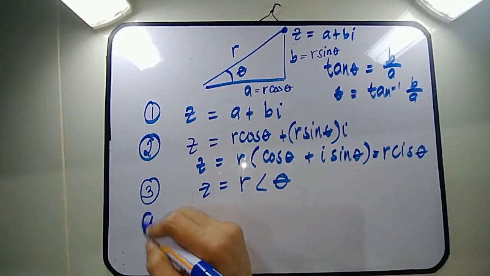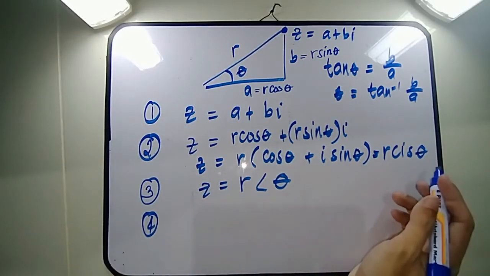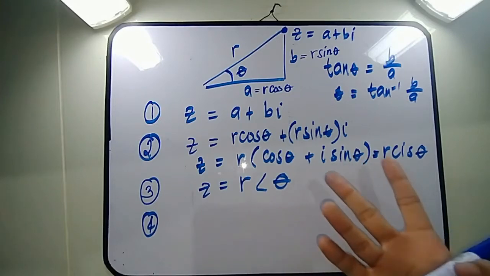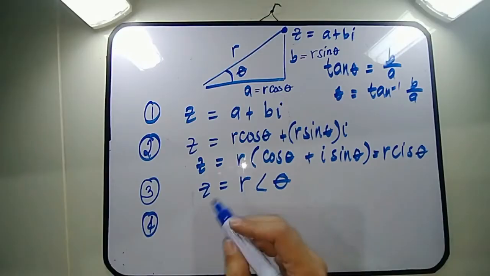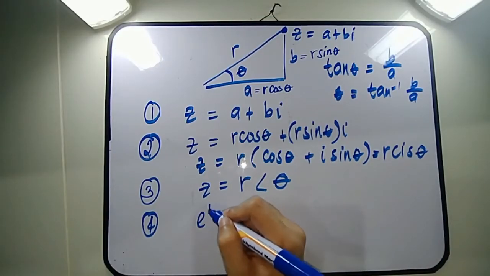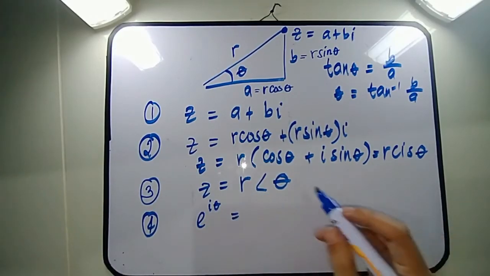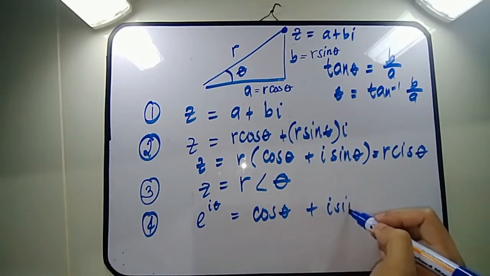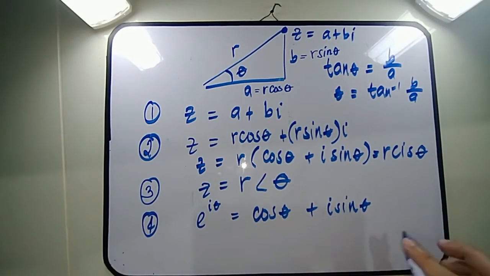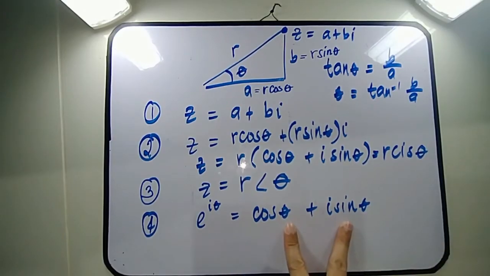The last form is what you call the exponential form. In the exponential form, we will use an identity, which is Euler's formula. Using Euler's formula, e raised to i theta is just equal to cosine theta plus i sine theta. So we can change this to e raised to i theta.